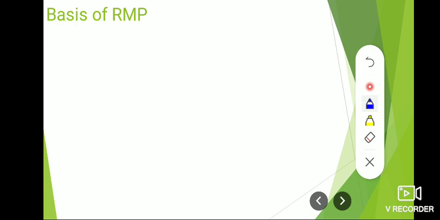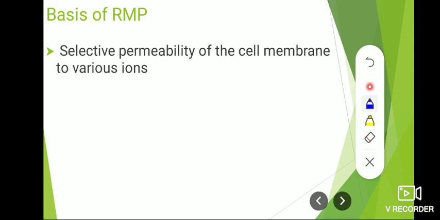Now, what is the basis of generation of resting membrane potential? First, let us try to understand the physics behind this. There are four reasons. The first reason is the permeability of the cell membrane, which is selective. Selective means it allows some ions to pass easily and does not allow others to pass easily.